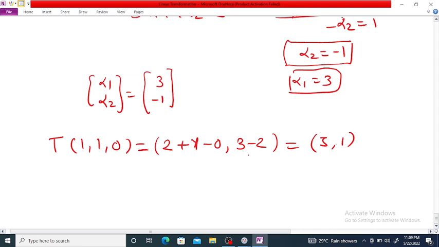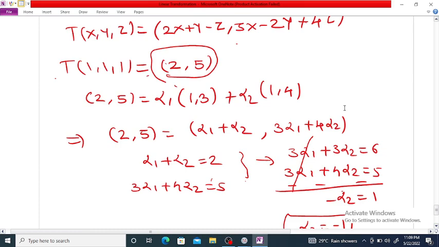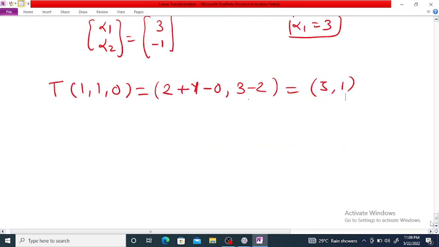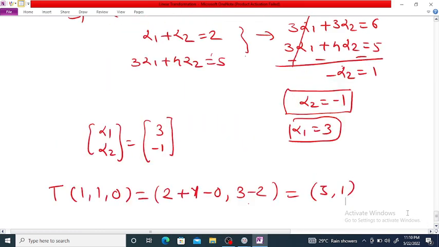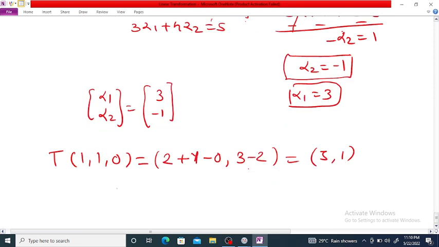Now I want to write this (3, 1) again as a linear combination of (1, 3) and (1, 4). So we get the equations alpha 1 plus alpha 2 is equal to 3, and 3 alpha 1 plus 4 alpha 2 is equal to 1.